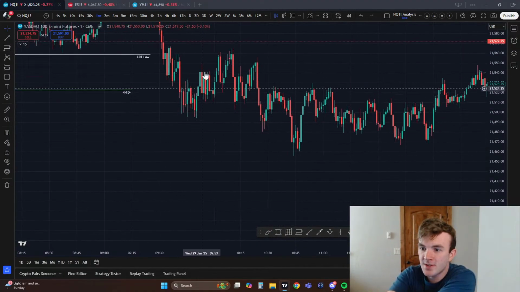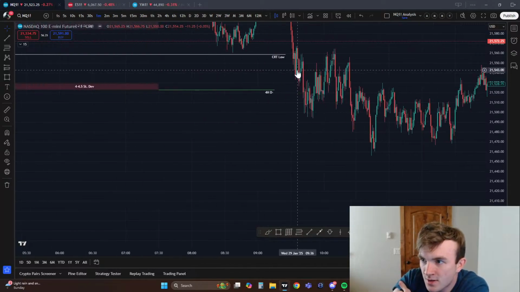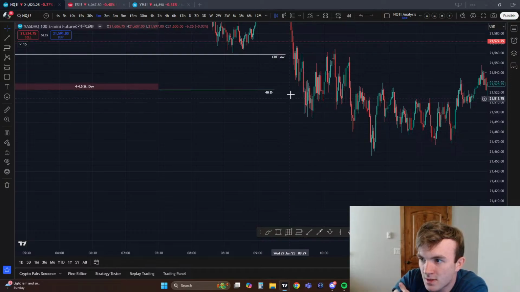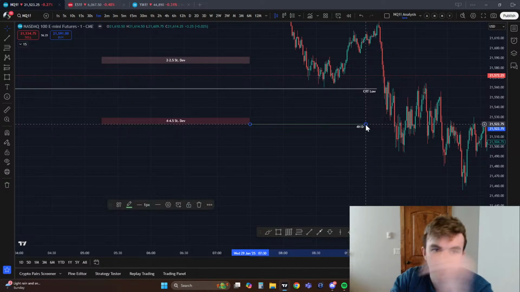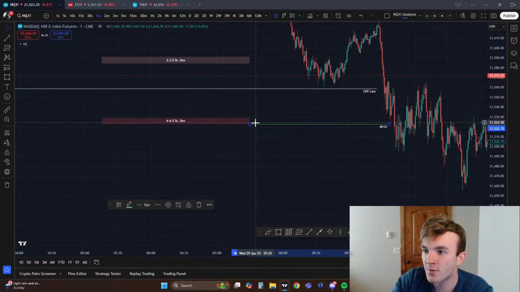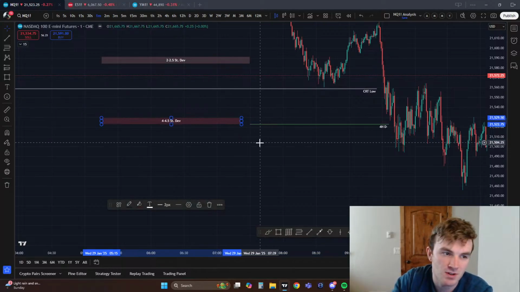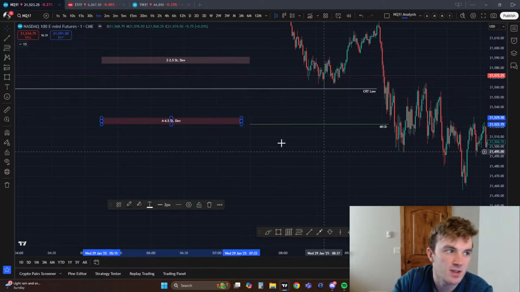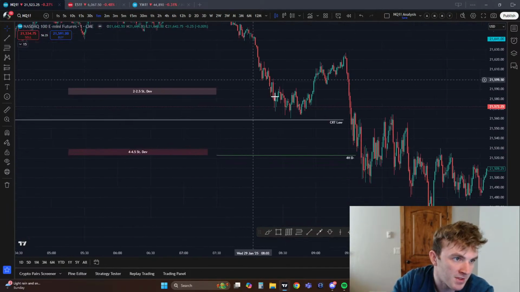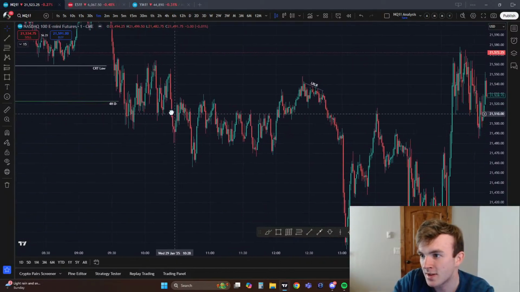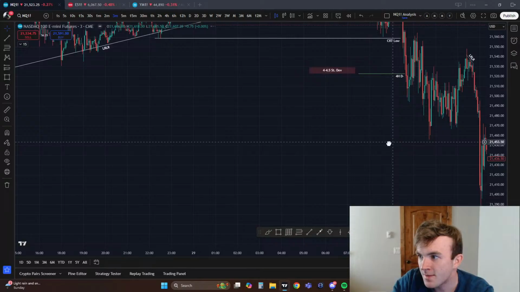By the time we started consolidating here around 10 a.m., by the time we hit our target, this 4 to 4.5, in the future, if we ever hit a 4 to 4.5 like this, I gotta just go off the charts because smart money's already out of the market. If we've already completed some kind of model, at that time smart money is gonna be out of the market. So there's not really any point in taking that.